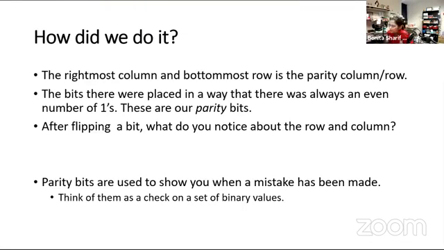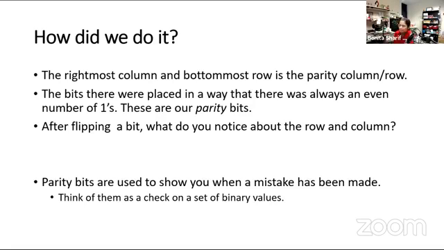Right, as people guessed the correct answer, I'm so glad you guessed it. I'm thrilled about that. The rightmost column and the bottommost row, the zeros and the ones, were placed in a way such that the number of ones was even in every row and in every column. We call this the parity row and the parity column.